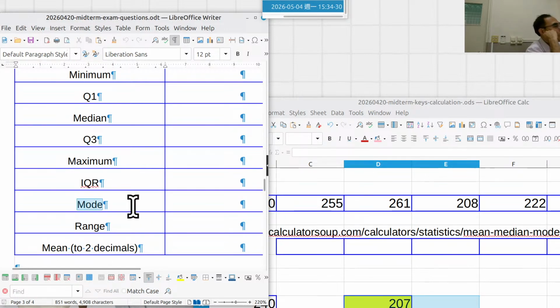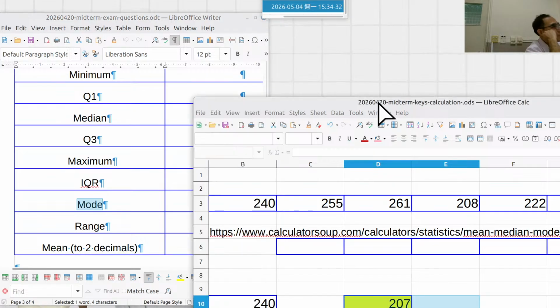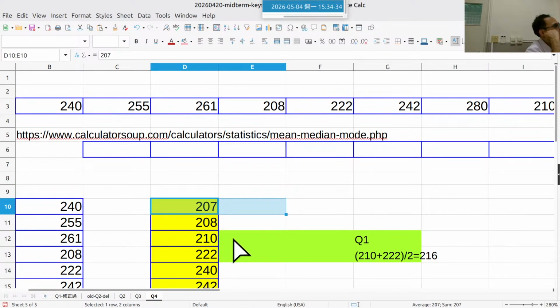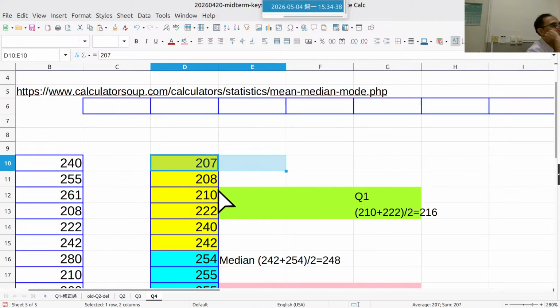Then the mode. What does mode mean? The frequency of the number. Let's check the frequency one by one. I know how to do that, and I will teach you how to do that. But at this moment I still insist on telling you that we need to know the definition and do it one by one.